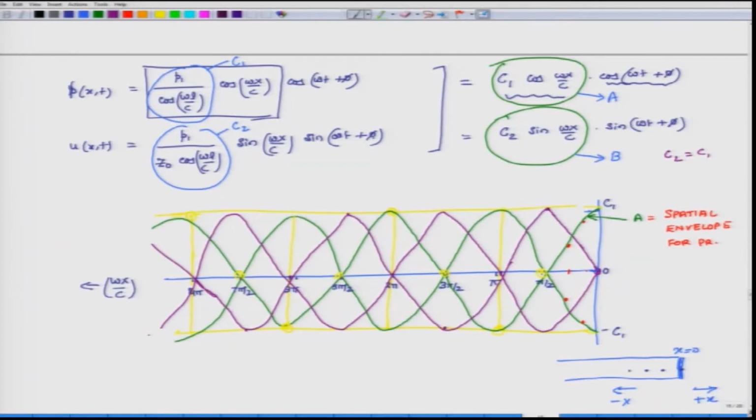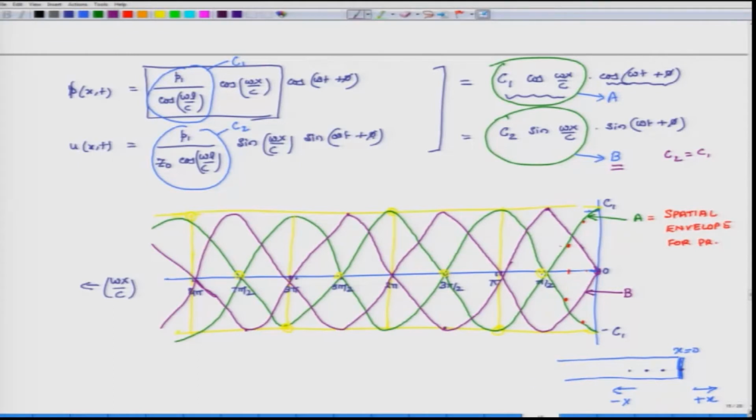Okay. Now, these are sinusoidal curves, I may not have drawn them well enough, but please note that the purple one is function b. What we see from this graph is that wherever the amplitude for pressure is maximum, at that location the amplitude of velocity is minimum and vice versa.